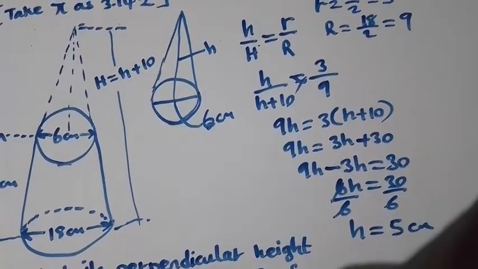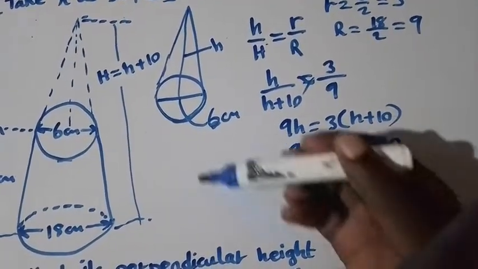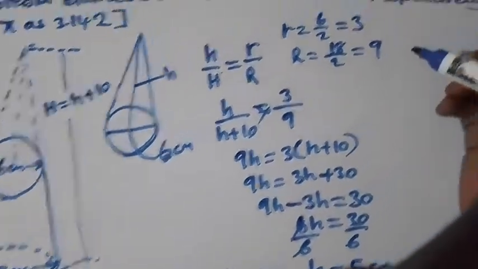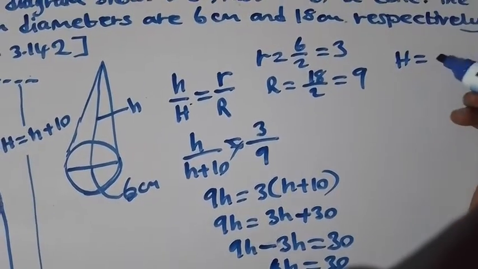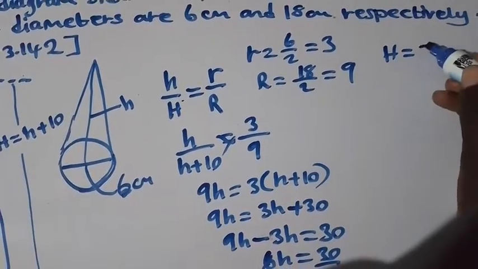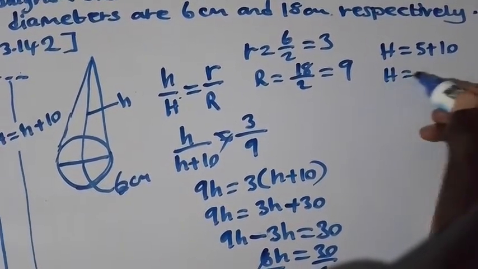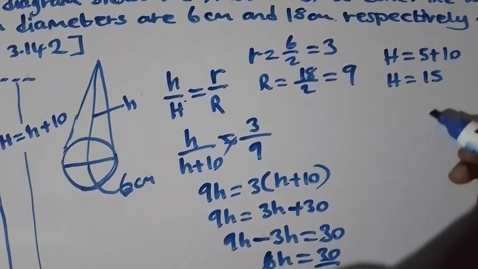This is the height for the smaller cone. Now to have the height for the larger cone, we need to replace where there is h. So let's gather data here. We replace small letter h with 5 plus 10, which is going to be 15.